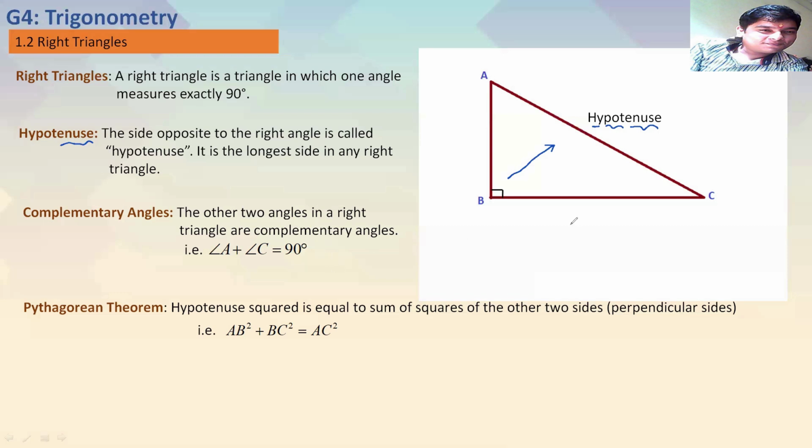Now, do you also understand, Christian, that the sum of these two angles will be 90? No, you don't, right? Okay. Let's once again state this. The sum of all interior angles of a triangle is 180.